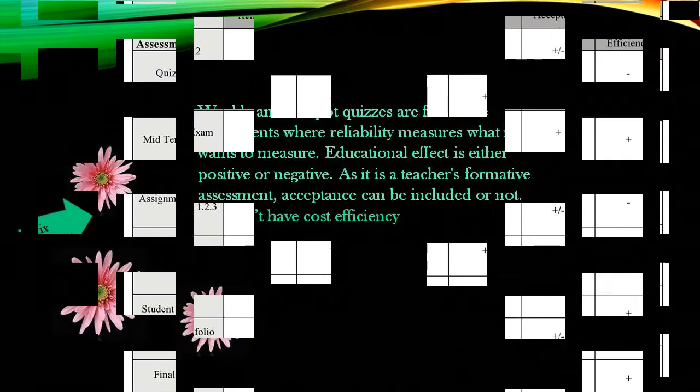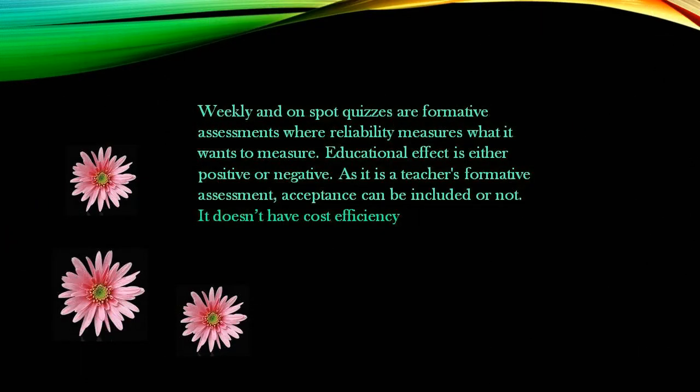Weekly and on-spot quizzes are formative assessments where reliability is there and they measure what they want to measure. Educational effect is either positive or negative. As it is a teacher's formative assessment, acceptance can be included or not. It doesn't have cost efficiency.